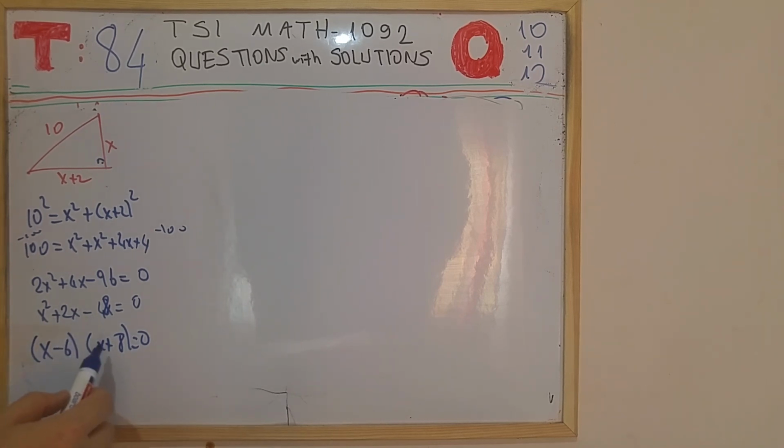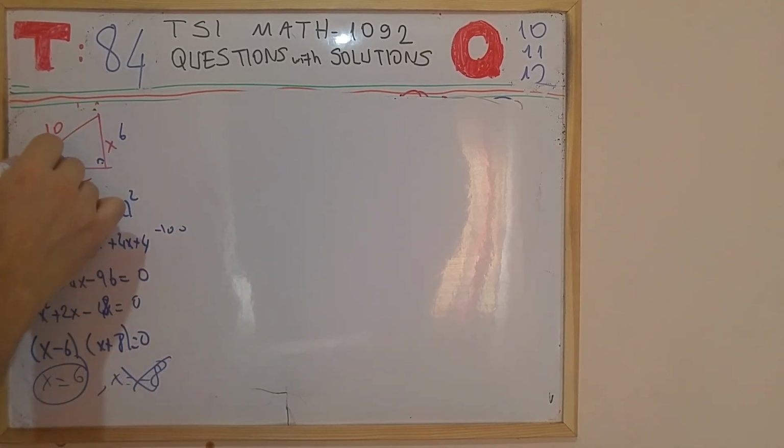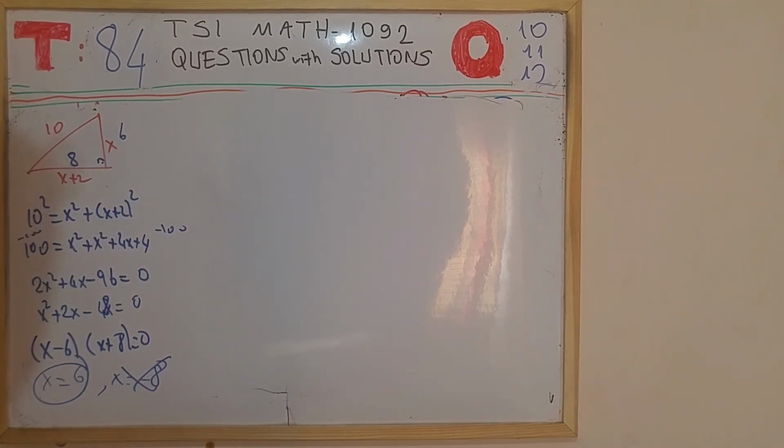So these two values that I have are x is equal to 6 or x is equal to minus 8. It cannot be minus 8, so x is equal to 6. So this side is equal to 6 and this side is equal to 6 plus 2, that is 8. This is the answer for question number 10. X is equal to 6.